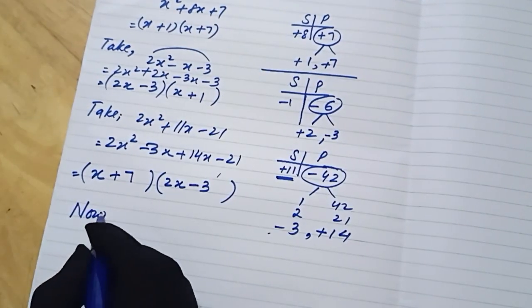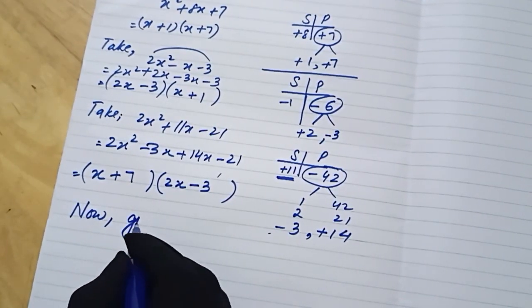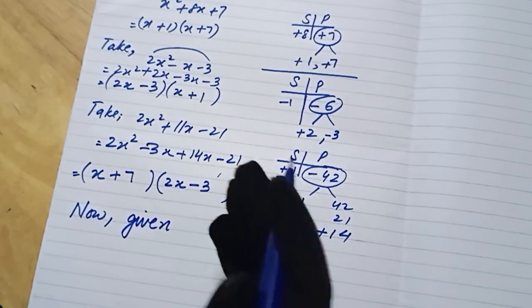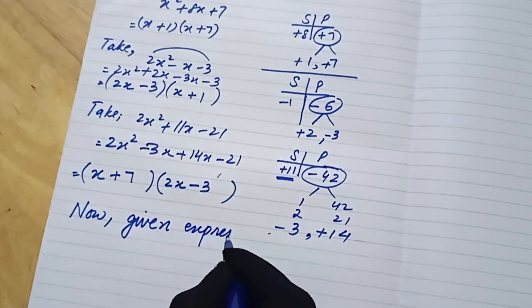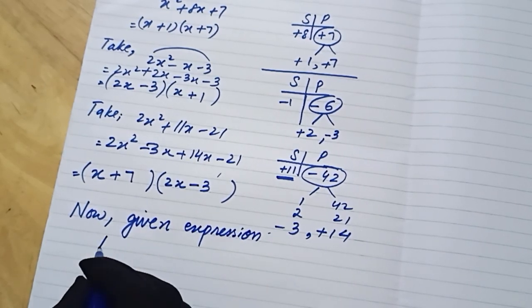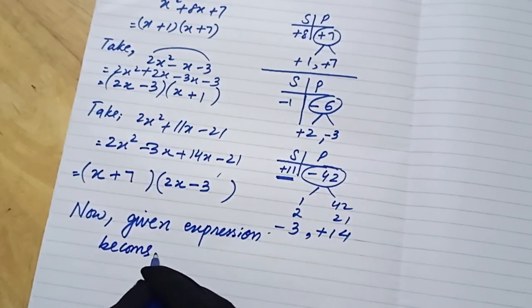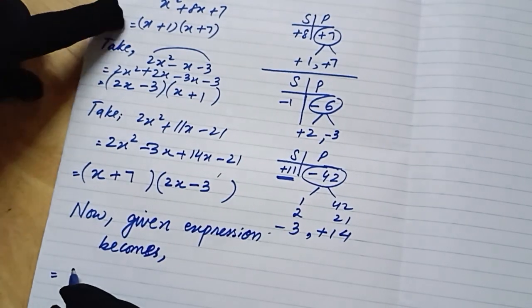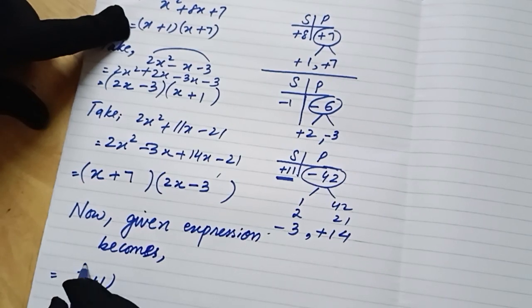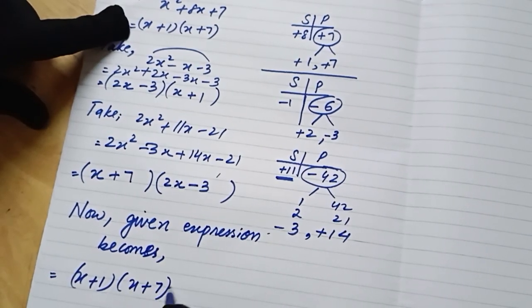Now you can write the statement, or if you don't want to write the statement, complete the expression. Now the given expression becomes: first expression factorized as x plus 1 and x plus 7.